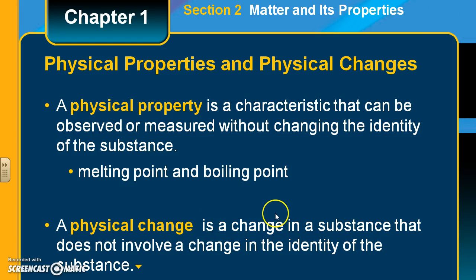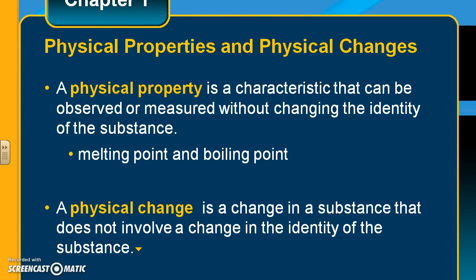So physical properties and physical changes. A physical property is a characteristic that can be observed or measured without changing the identity of the substance. Melting point and boiling point are examples of physical properties. Also, if you take a piece of paper and you just rip it up, you still have paper. That's just physically changing it.